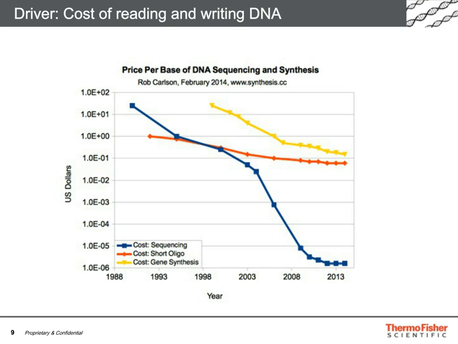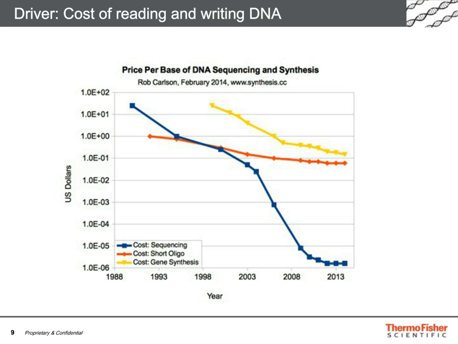Meanwhile, as you can see from the orange and the yellow line, the cost of short oligo and gene synthesis is dropping off significantly as well. So currently it's about 30 for a double-stranded gene. It's probably between 15 and 30 cents a base pair.